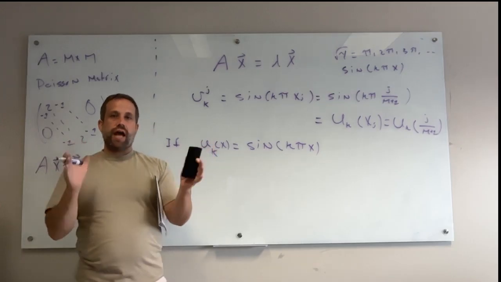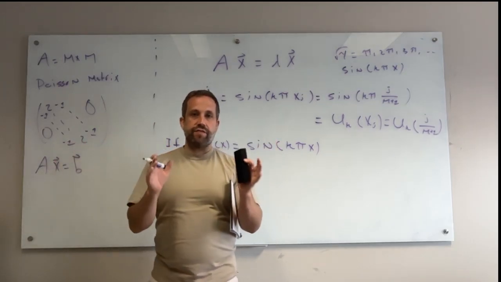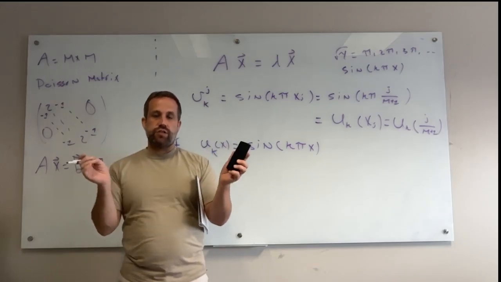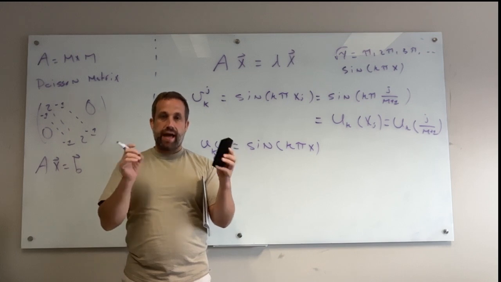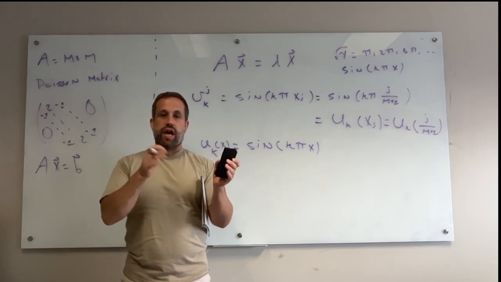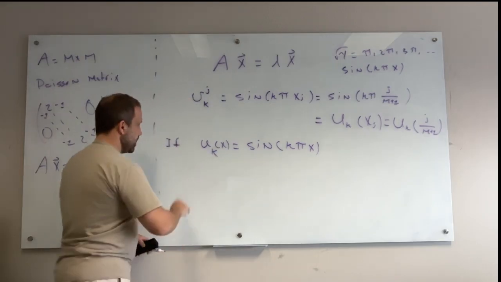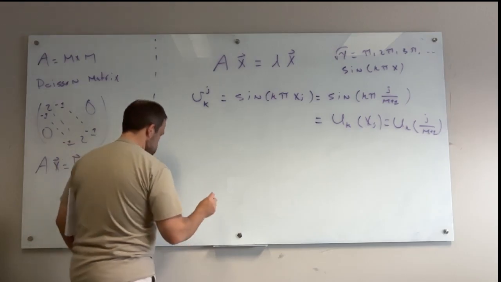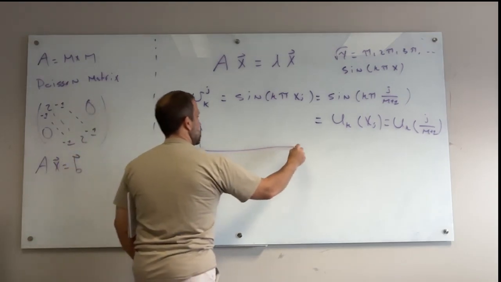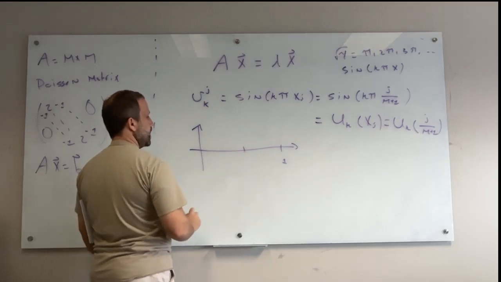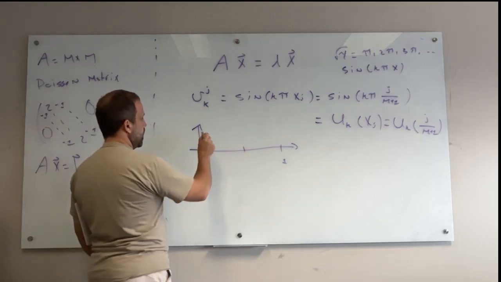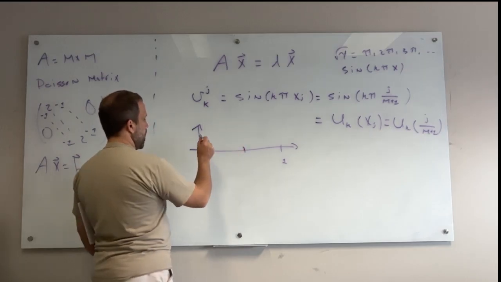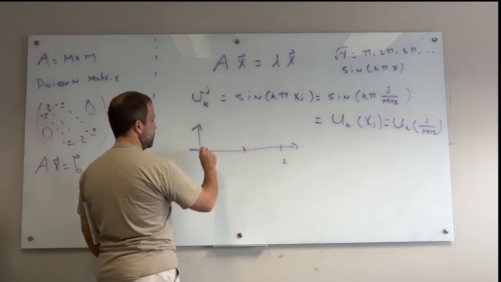And so if you have a sine function with, say, half the frequency of another sine function, but you're only sampling where the sine function with the lower frequency has zeros, then you can't tell that the sine function with higher frequency also has zeros. And that's exactly what's happening here. So for example, if we look at sine of pi x, it would look something like this.